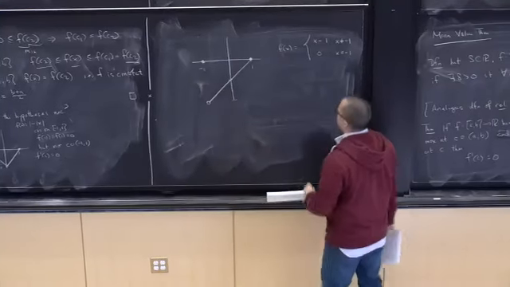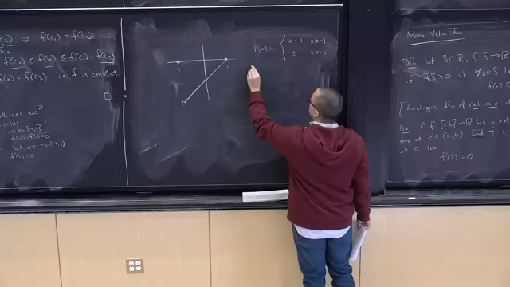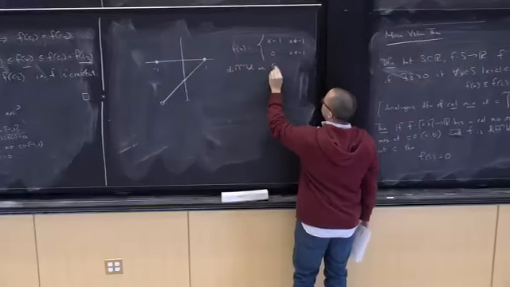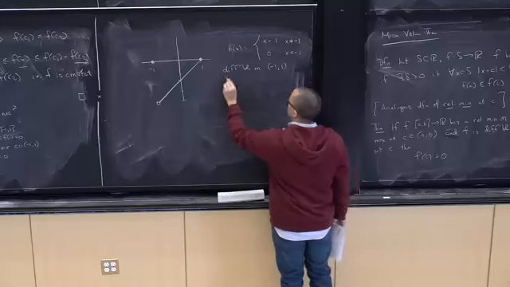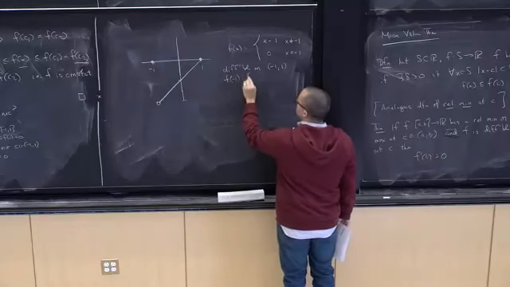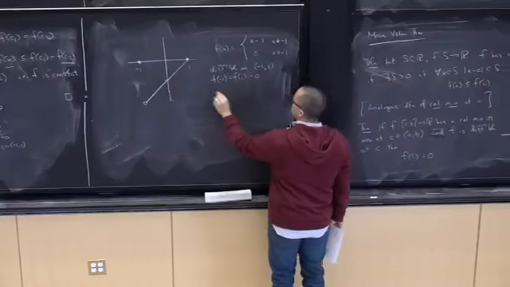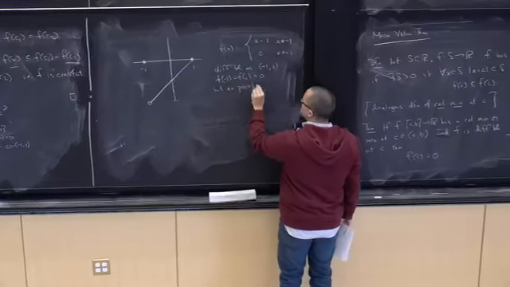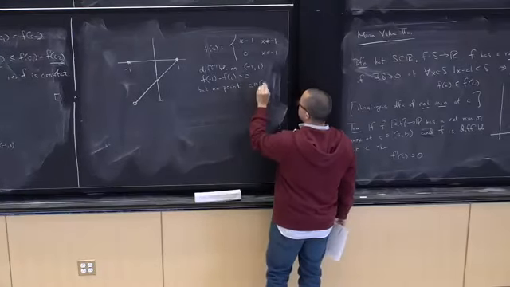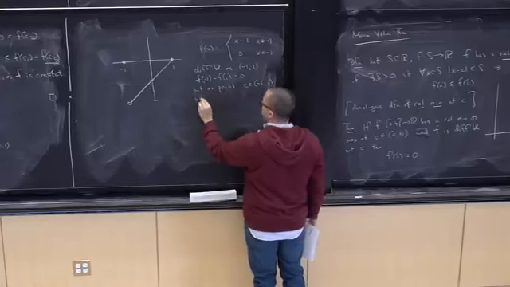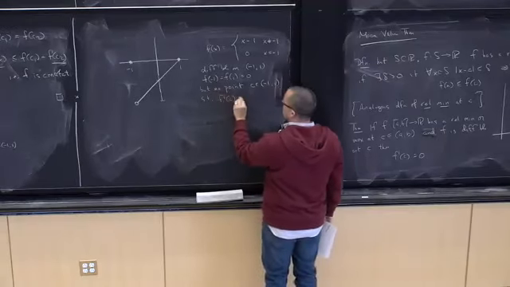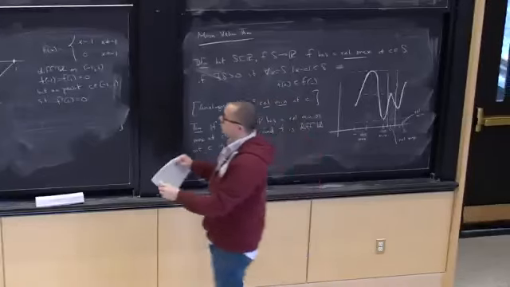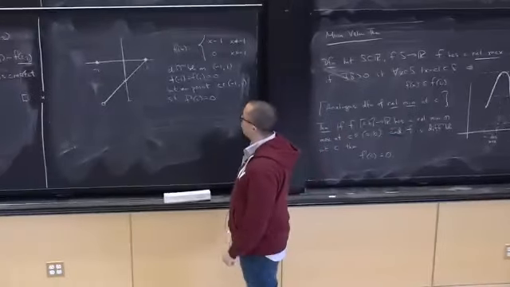So this function here is differentiable on minus 1, 1. F of minus 1 equals f of 1 equals 0. But again, there's no point c in minus 1, 1 so that f prime of c equals 0, because the derivative in between minus 1, 1 is just 1.